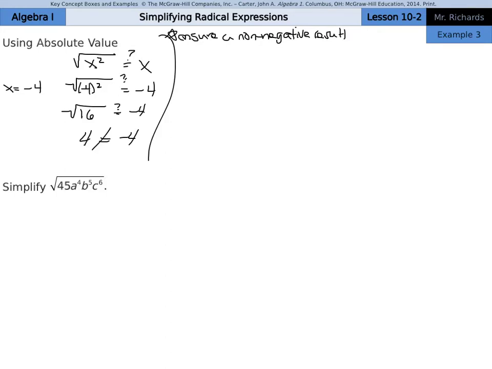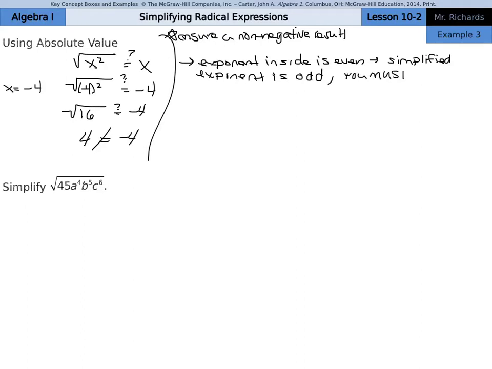And the way we're going to ensure a non-negative result is by following the following rule. If the exponent inside is even, and this results in a simplified exponent that is odd, you must use absolute value.